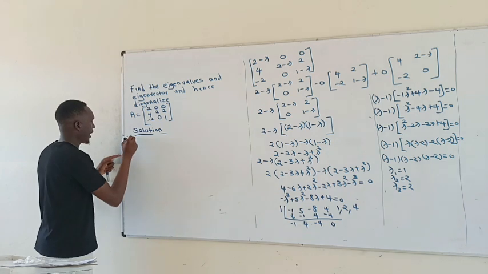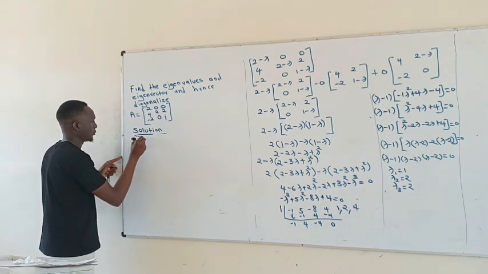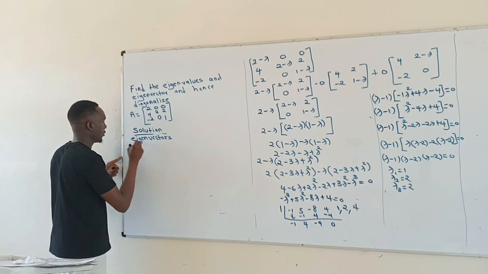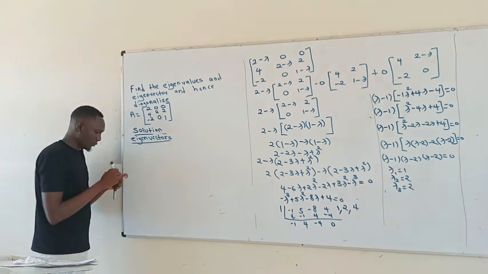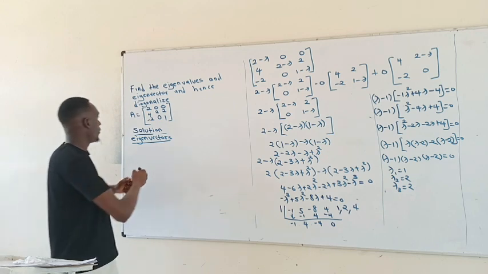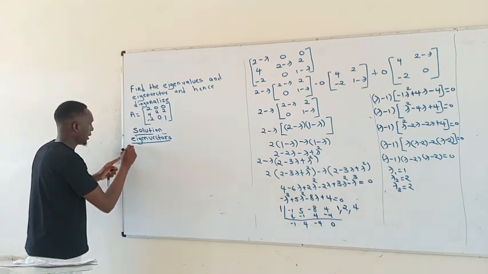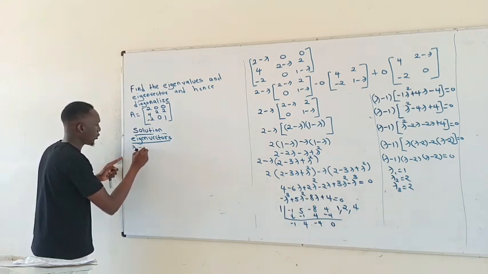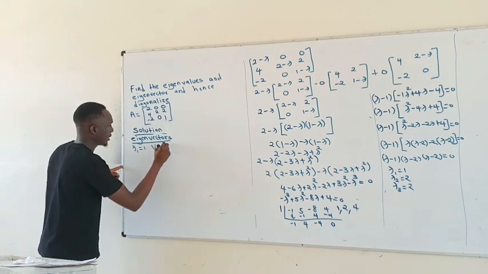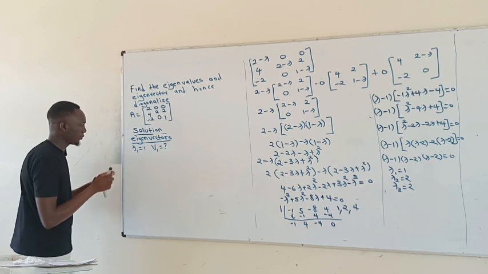I want to find the eigenvectors now. Remember, lambda 1, which is equal to 1, should give us eigenvector v1, which is unknown.